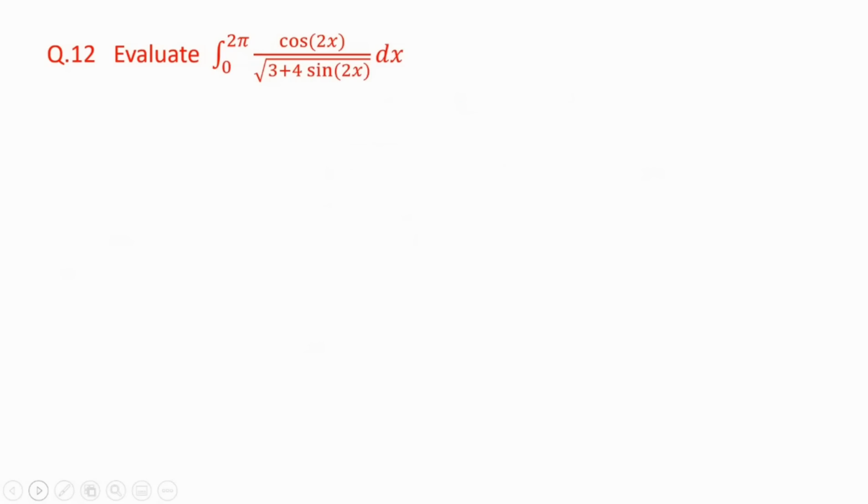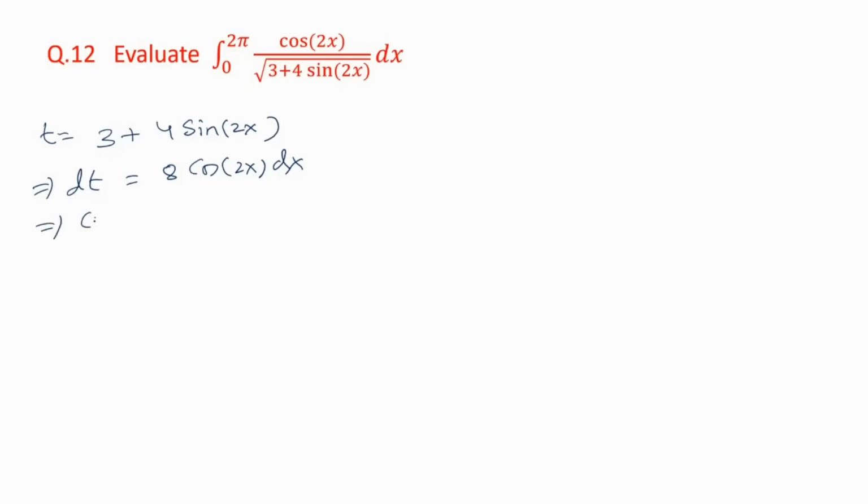Next integration is cosine 2x over 3 plus 4 sine 2x. Here we'll substitute t equals 3 plus 4 sine 2x. This implies dt equals 8 cosine 2x dx, and this implies cosine 2x dx equals dt over 8.